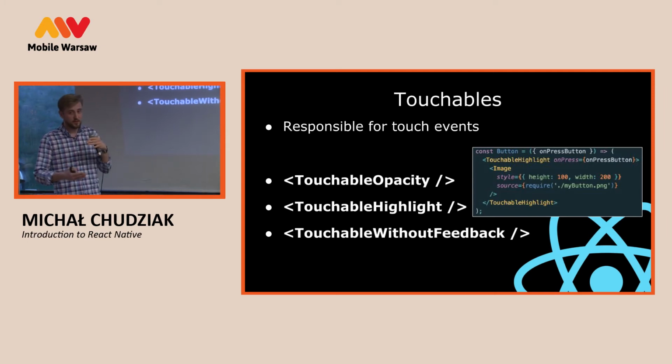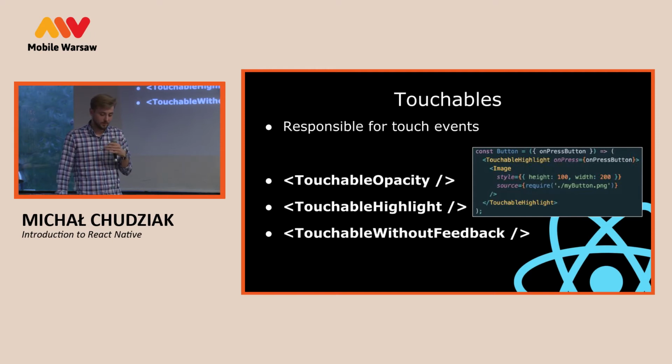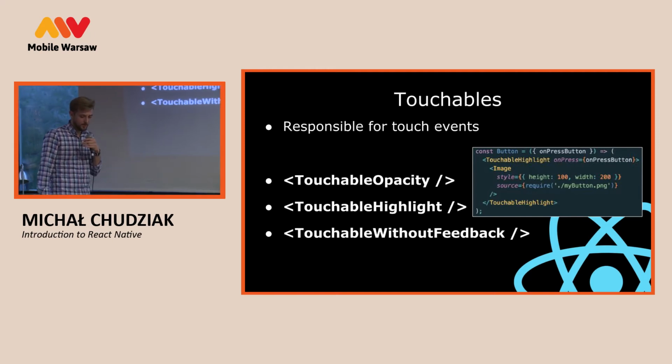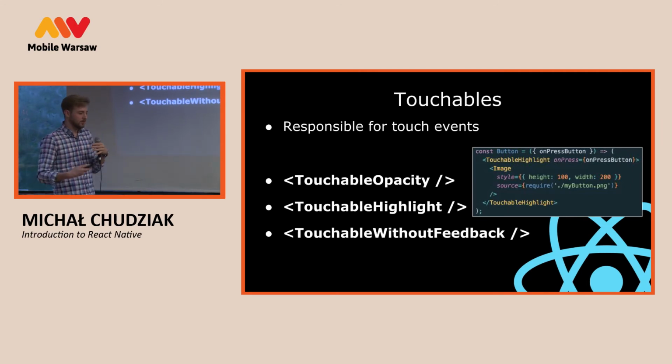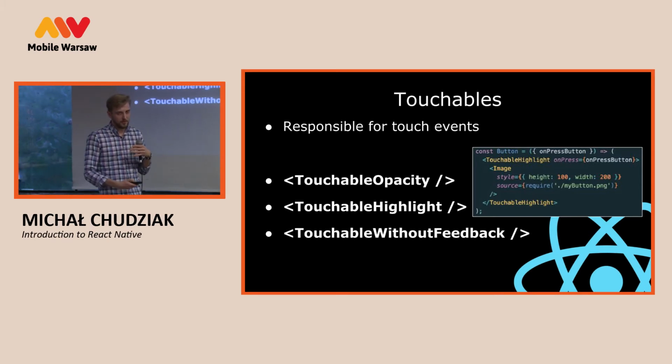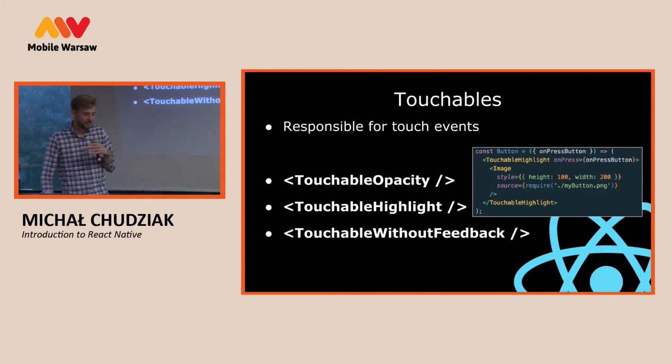You can specify the color of the highlight and things like that. So you can achieve almost anything with this, and also TouchableWithoutFeedback, but you probably already know that we should let the user know that they touched something, so TouchableWithoutFeedback is probably not the best choice, except for some cases when we actually need to use it.